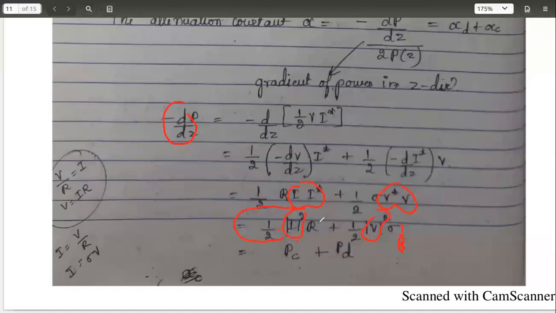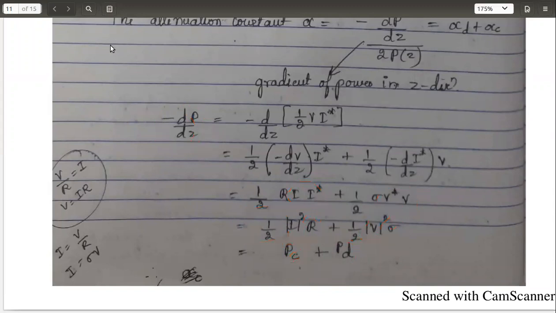Okay, the first term gives you the power P. Resistance is involved, so I will take it for ohmic losses, that is PC. And since this conductance is there here, I will take this as dielectric. Okay, this again is conductance, and again further you know some relationships with the dielectric. So the first term I'm taking as due to the ohmic losses, and the second term I'm taking for the dielectric. So this differentiation gradient value I can express as the sum.